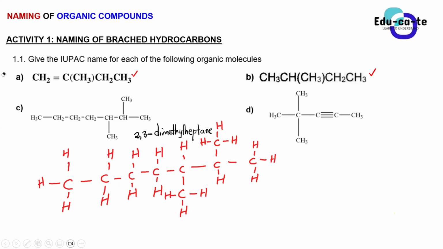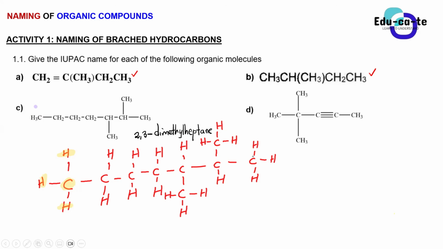Just like here, when we're having a CH3, it means a carbon bonded to 3 hydrogens. Can you all see that? Then from here you just do your main carbon chain.